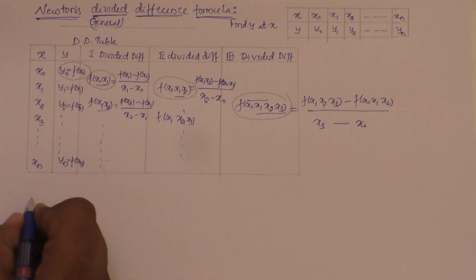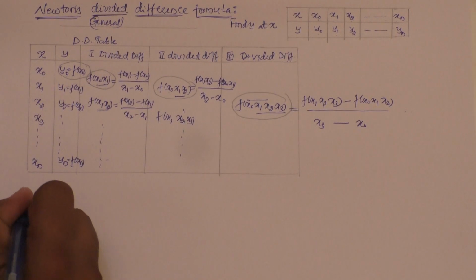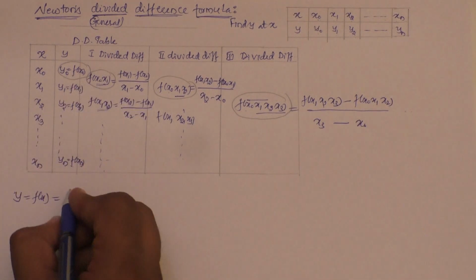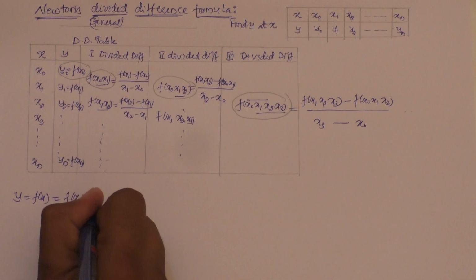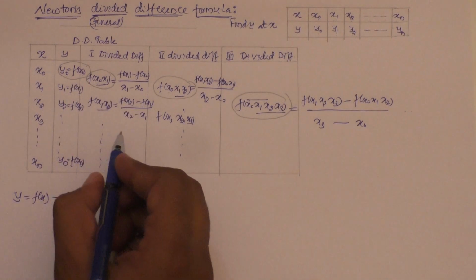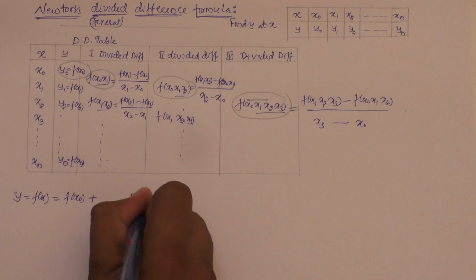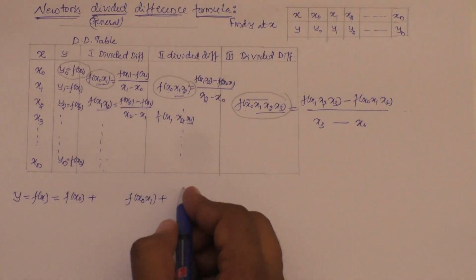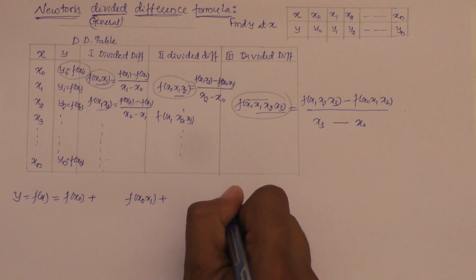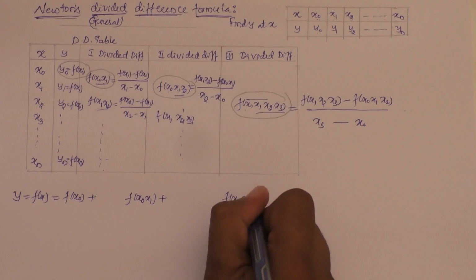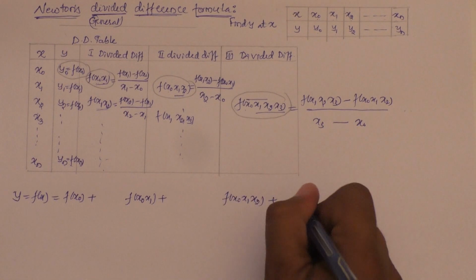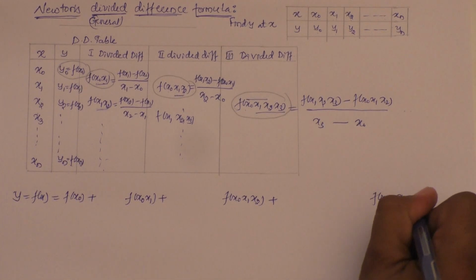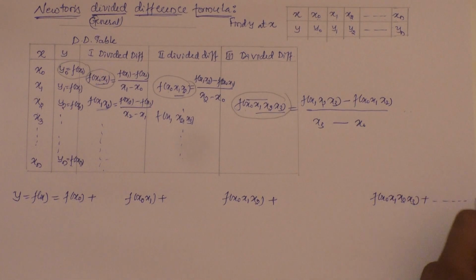So Newton's divided difference formula is f of x equals f of x naught as the first term, the second term f of x naught x1, the third term f of x naught x1 x2, the fourth term f of x naught x1 x2 x3, and so on.